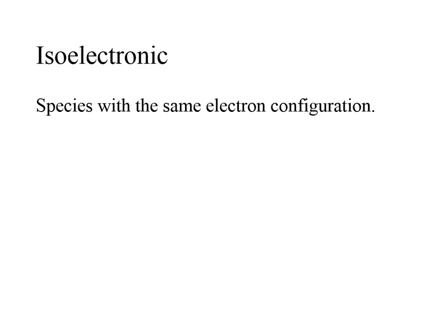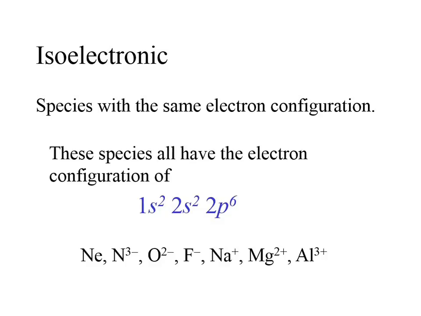We call those species, because they're not neutrals, because sometimes we have ions, sometimes we have atoms, isoelectronic. If you want to put a little blurb up here and say vocab, you can, because this is a lovely vocab word for your next unit exam. Your next unit exam will have a vocab section, I promise. Isoelectronic.